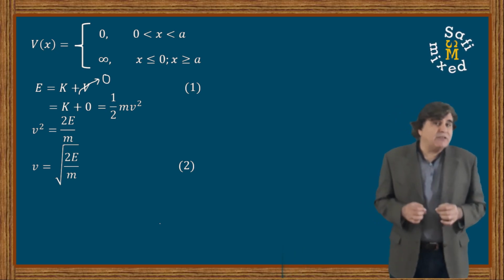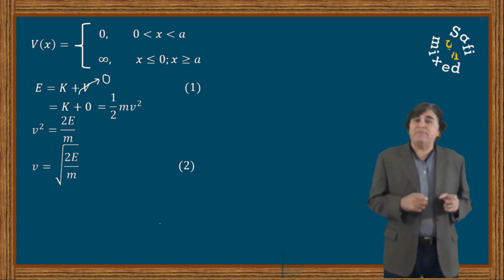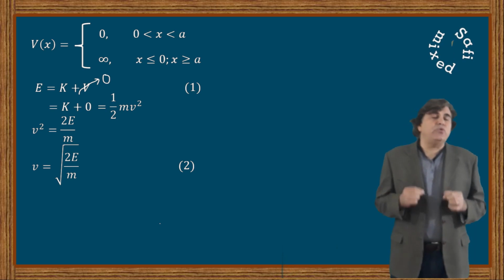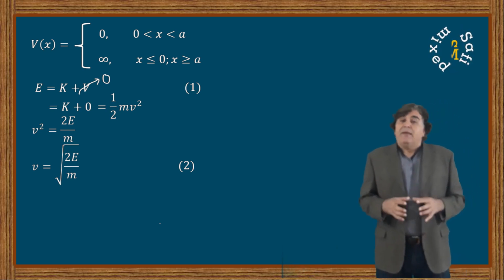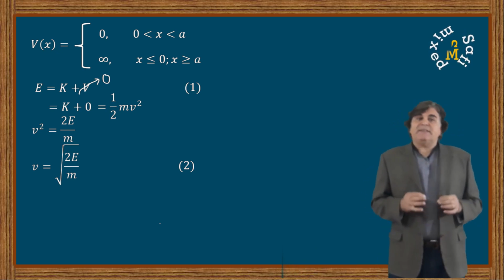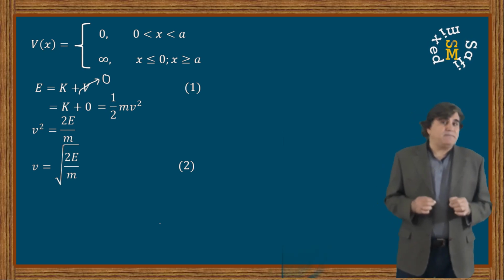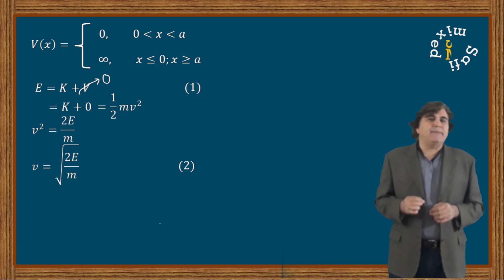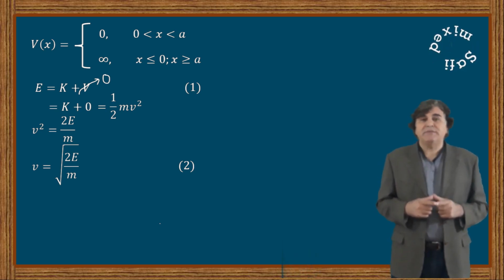This constant velocity is possible only when the particle collides elastically with the walls of the well. That is, the particle is losing no energy in collisions with the walls of the well. This further indicates that the particle reverses its direction on each collision. In other words, the particle is oscillating back and forth between the walls with constant speed.